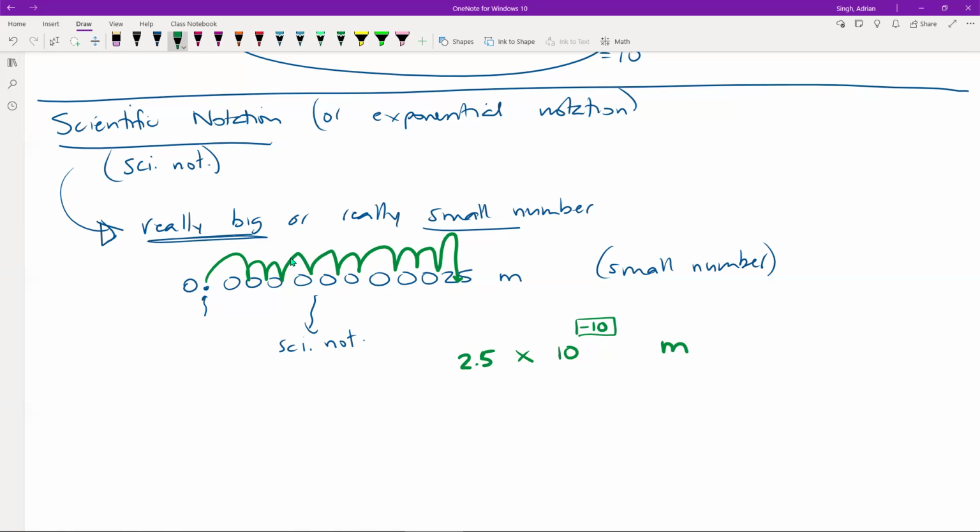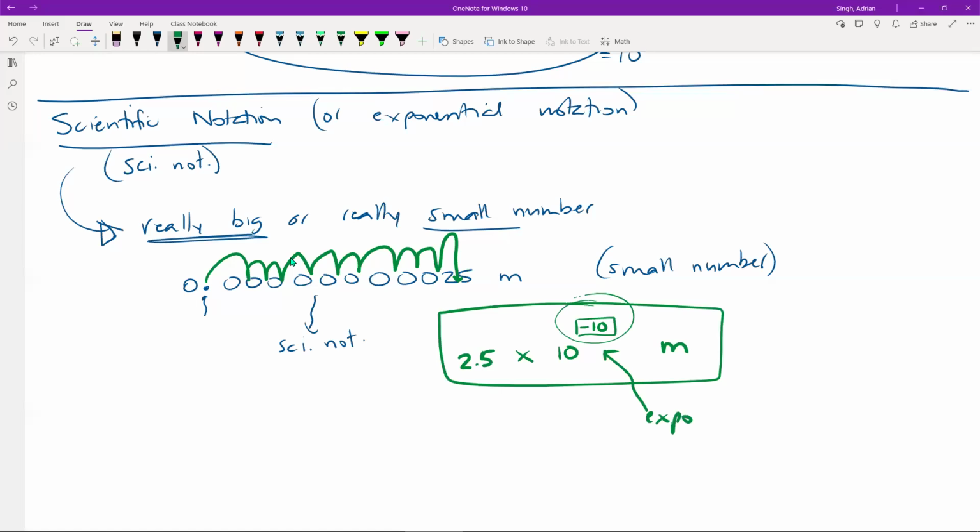So the way that we can tell that this number makes sense is if my power of 10 here, so this is the exponent, if that exponent is negative, that means it's a really small number. Right, so that's what this is equal to.